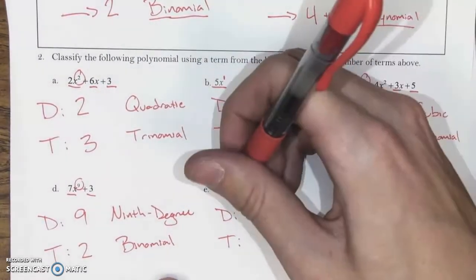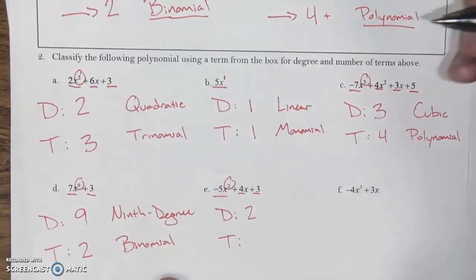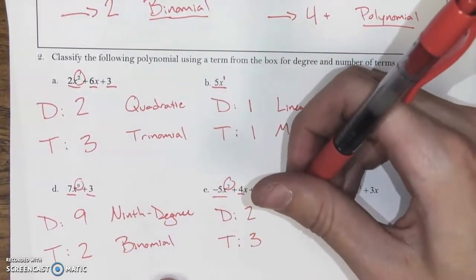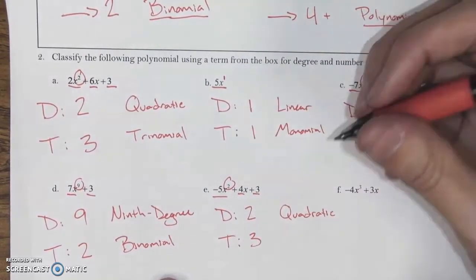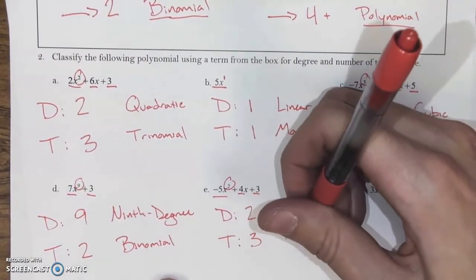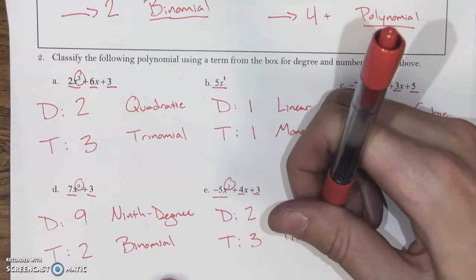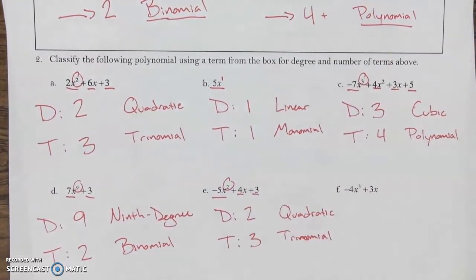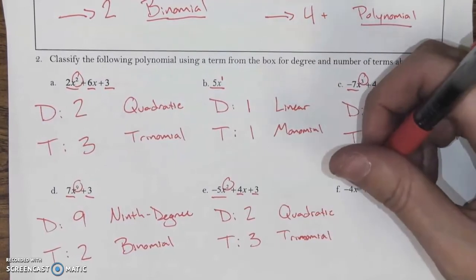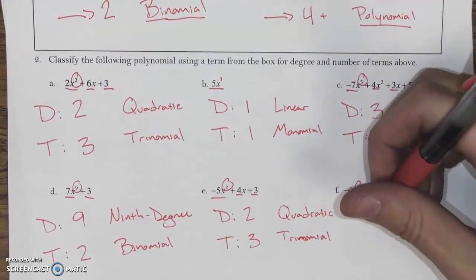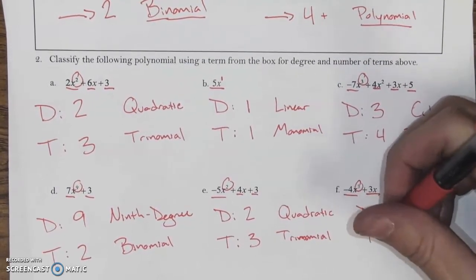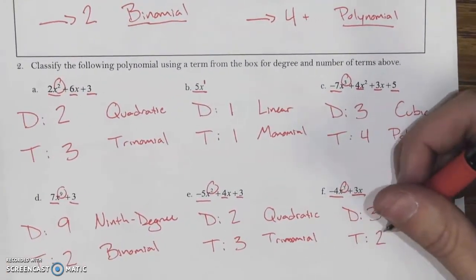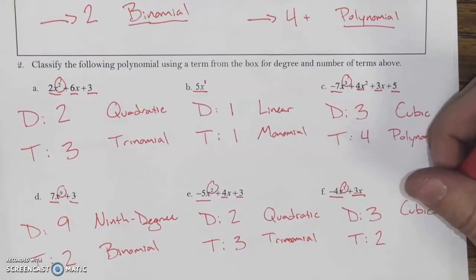And the number of terms, 1, 2, 3. So this is a quadratic, and the number of terms makes it a trinomial. And last but not least, the highest degree here is 3. The number of terms, 1, 2. So this is a cubic binomial.